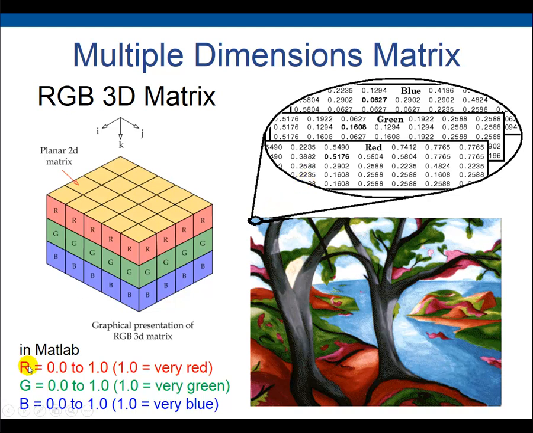So R contains 0 to 1. So 1 is very red. And G also has values from 0 to 1, and B, blue, has values from 0 to 1. So within this range, there are a number of values. If we take this area, there are colors like sky color.